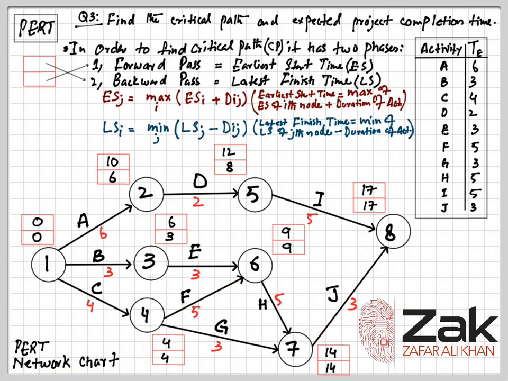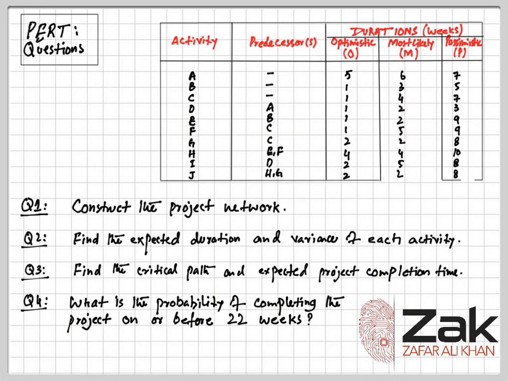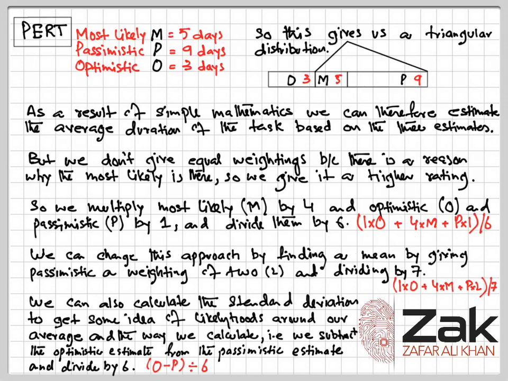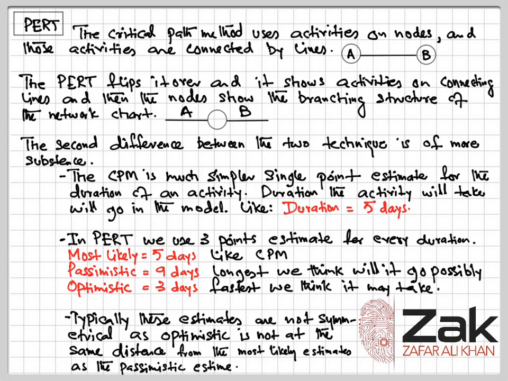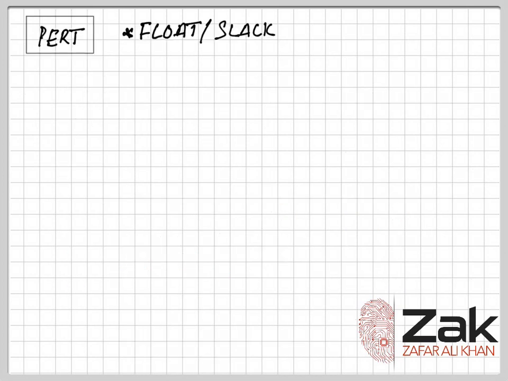Now let's solve a few of the questions from past papers, and one or two terms that might have gone missing but were on the project, like float or slack. It is a measure of the excess time and resources available to complete a task.